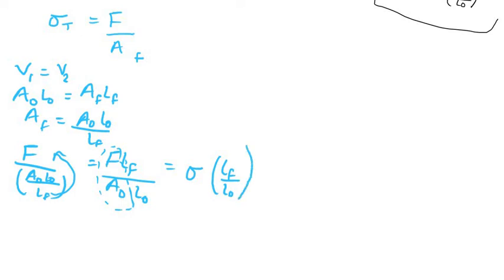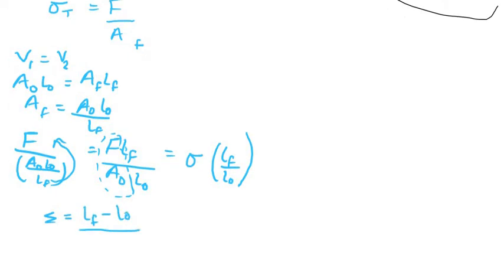So you can either leave it at this, or you further simplify your LF over L0. And how do you do that? By using your formula for your engineering strain. That is, we know that engineering strain is equal to LF minus L0, in tension your final length must be greater than your original length, and all this divided by your original length.